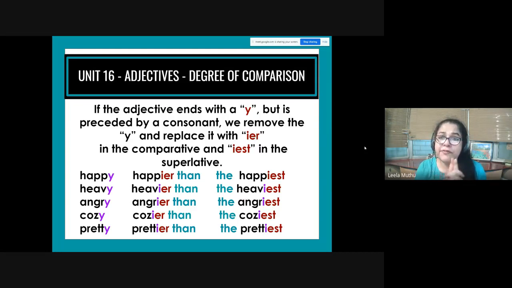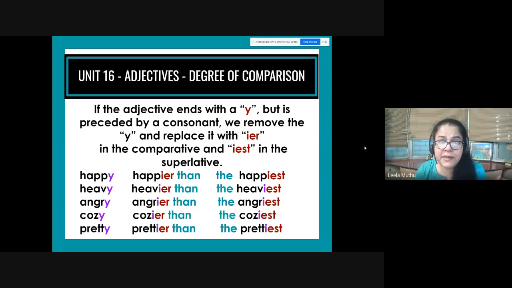Before the Y, you will find a consonant. That is everything in the alphabet except for A, E, I, O, U. In these cases, in the comparative we remove the Y and we add IER.